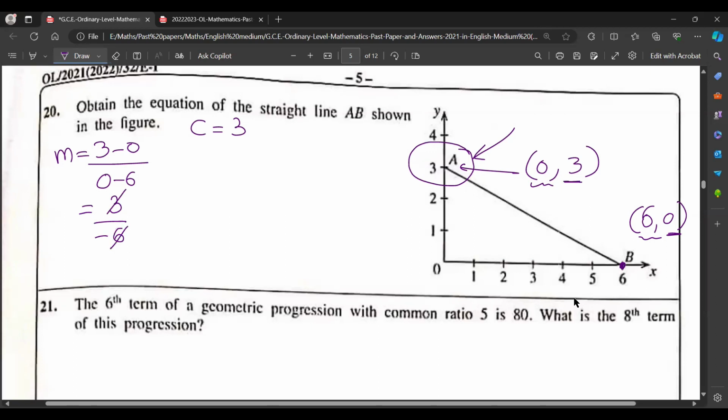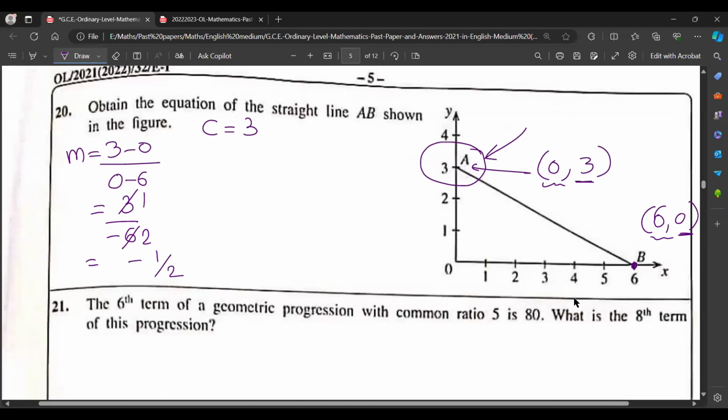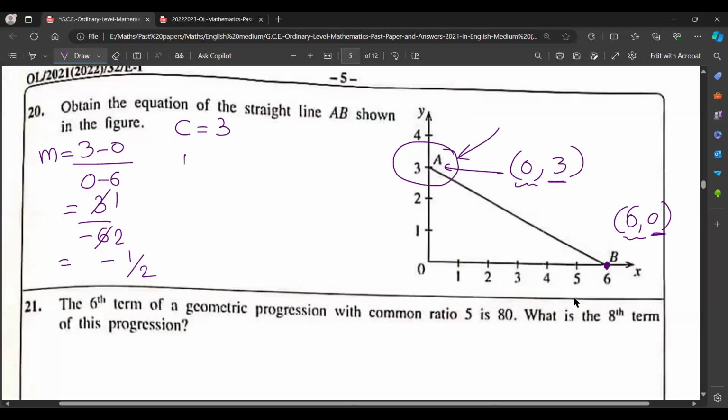So 3 over minus 6, plus divided by minus, is minus 1 over 2. So the equation y equals mx plus c: y equals minus 1 over 2 x plus c, which is 3. Otherwise, you can substitute one coordinate into this equation and find c also.